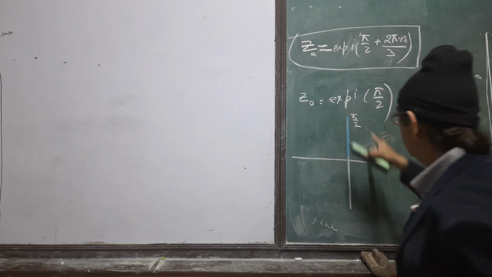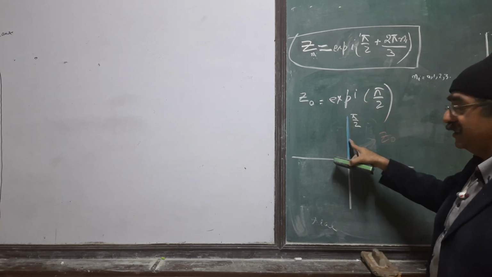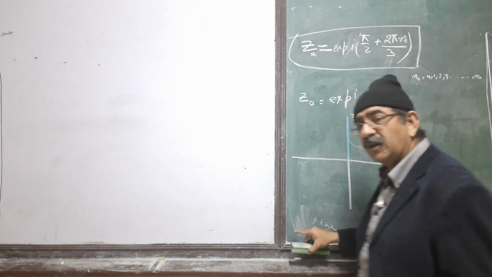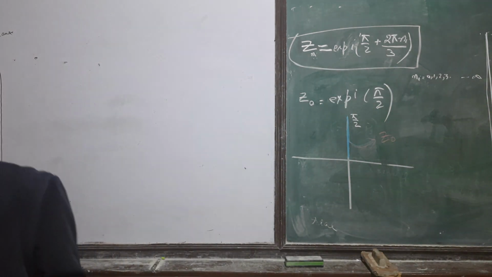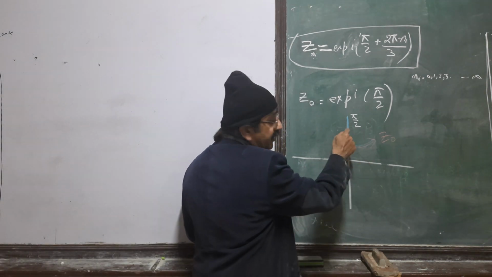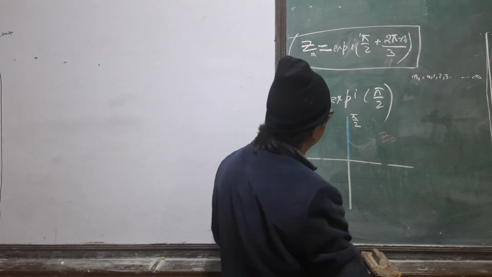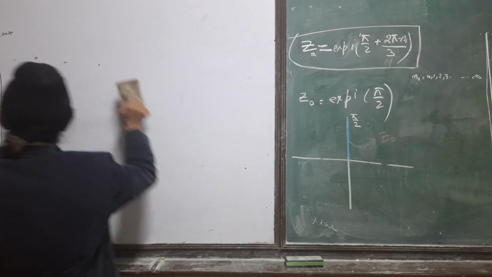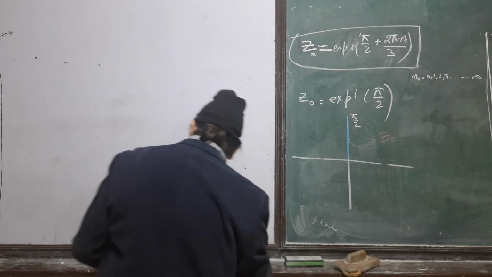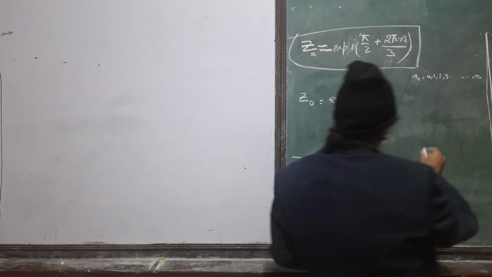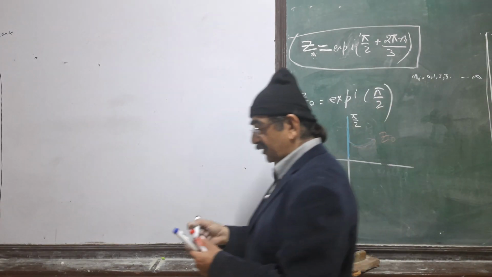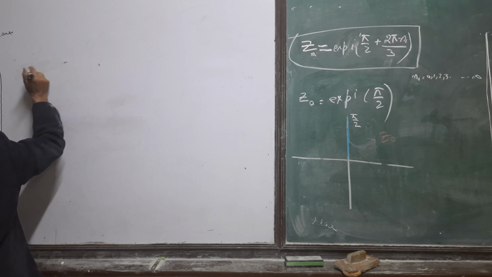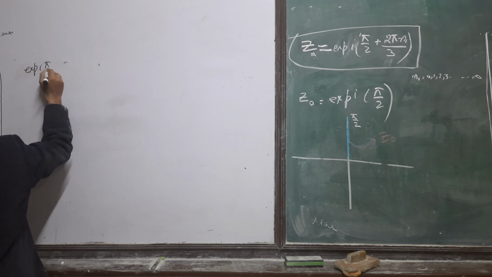This will be along the imaginary axis. Cos theta plus i sine theta, so cos will be 0. I am not taking along this axis. This is i pi by 2. If you consider exponential of i pi by 2, what is the meaning of this?